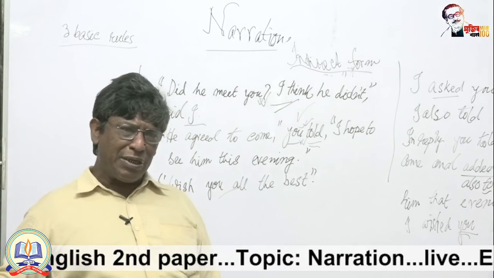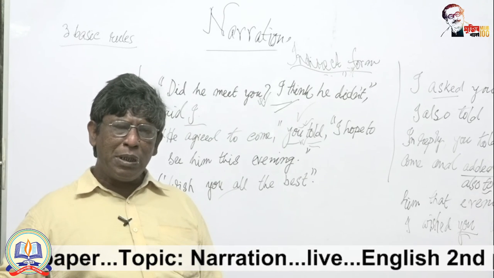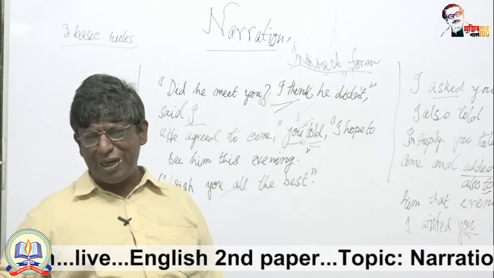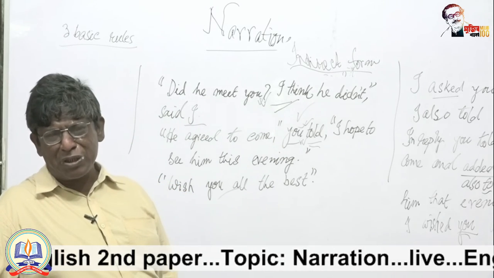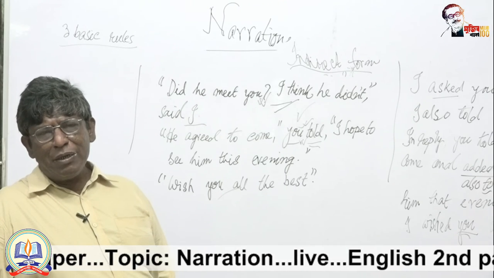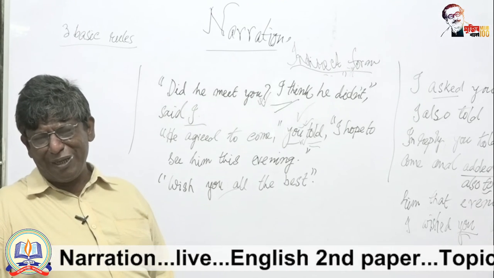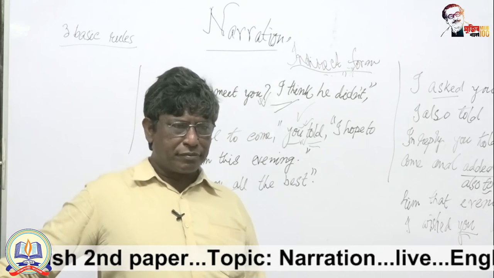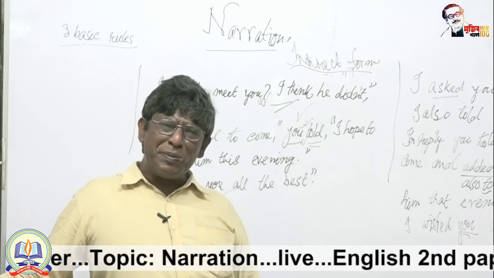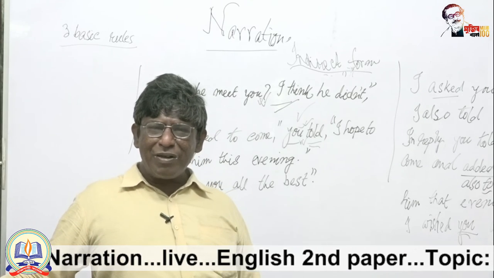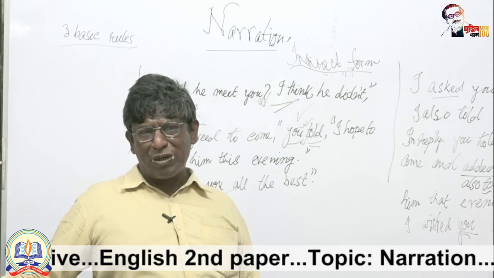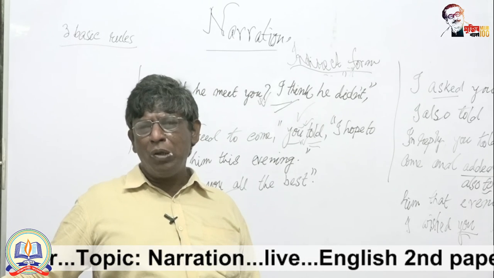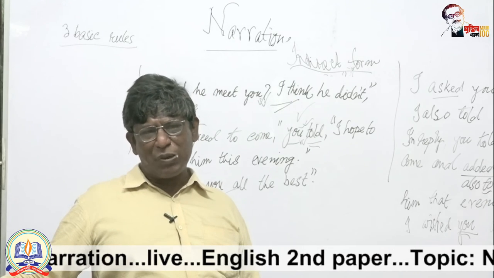Secondly, you need to adjust the person of the speakers and listeners and third persons in accordance with the speaker and listener in the reporting speech section. And thirdly, you must make sure that all the finite verbs in the reported speech should follow the finite verb in the reporting speech.